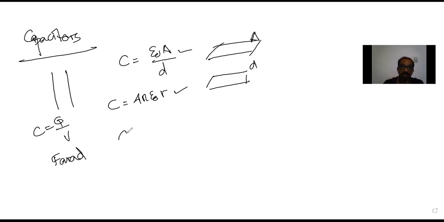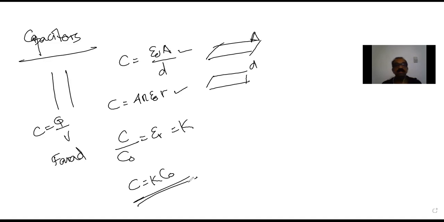Also, we have an equation C by C0 is epsilon r, also represented as K, which is called dielectric constant. Or we can rewrite this equation as C is equal to K C0. Whenever the capacitor is filled completely with a dielectric of dielectric constant K, the capacitance becomes K times the original capacitance.